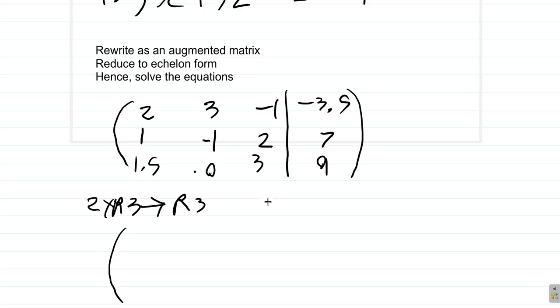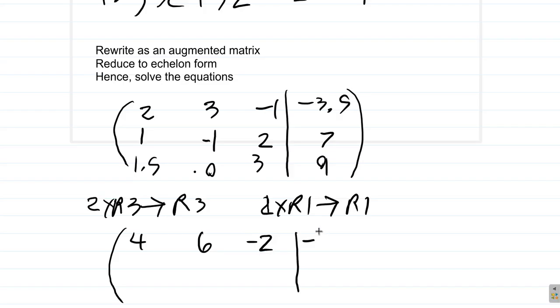Let's multiply 2 times row 1 at the same time to give us a new row 1. So 2 twos are 4, 2 threes are 6, 2 times negative 1 is negative 2, and 2 times negative 3.5 is negative 7. Just deal with whole numbers.